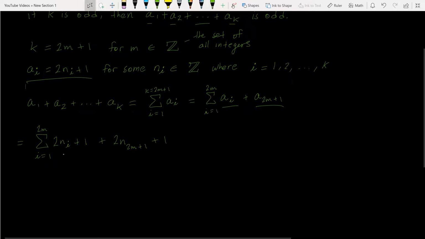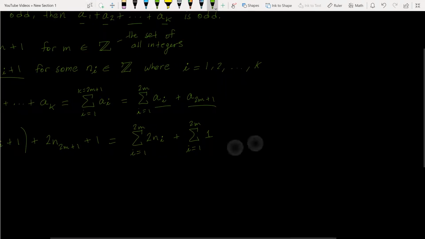And since this is a summation, we can split this up into two summations. So we'll say something like the summation from I equals 1 to 2m of just 2n sub I, plus the summation from I equals 1 to 2m of 1, plus 2n sub 2m plus 1, plus 1.